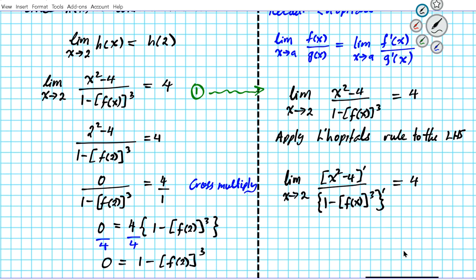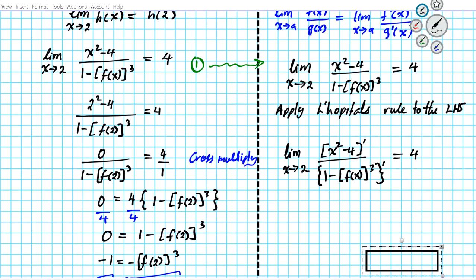So now we're going to go ahead and differentiate the numerator and the denominator separately. When you differentiate the numerator, you have term by term differentiation. It's just going to be 2x, since the derivative of 4 is 0. So it's 2x divided by, and then in the denominator, you differentiate 1, which is 0, and then here we have a composite function, so we have to use the chain rule.